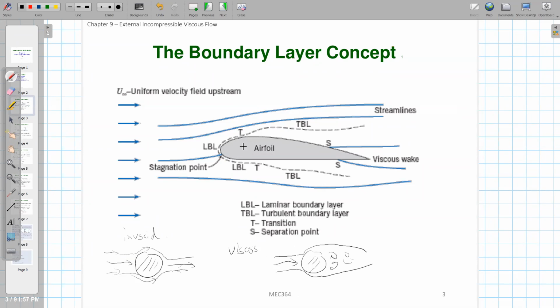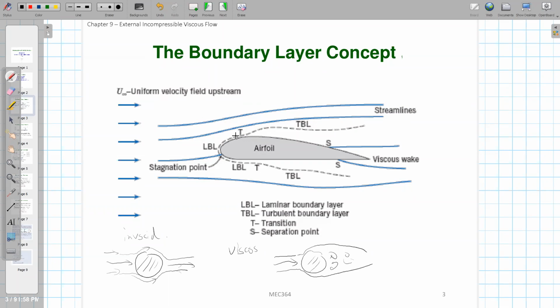So for flow over this airfoil, at the wall we still have the no-slip condition, so we know that the velocity at the wall will be 0. Very far away from this airfoil, we call it the free stream velocity, U infinity. So we will have a small region close to the wall where the velocity goes from 0 to U infinity.